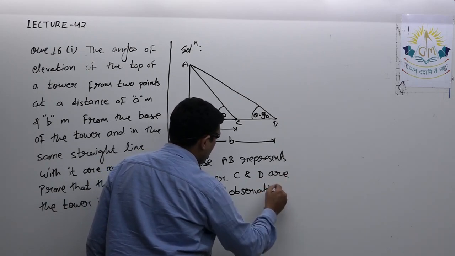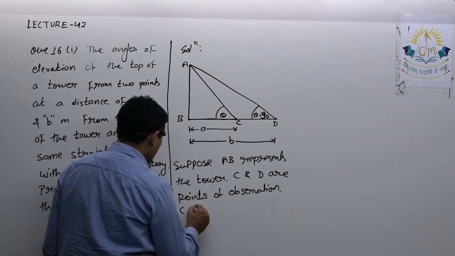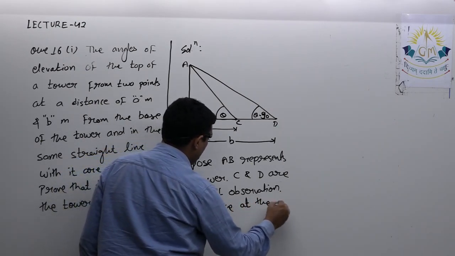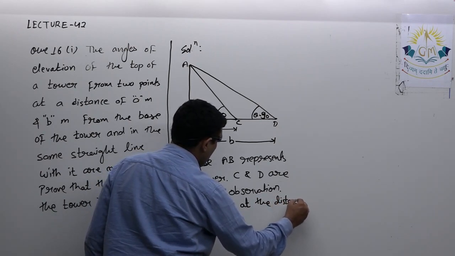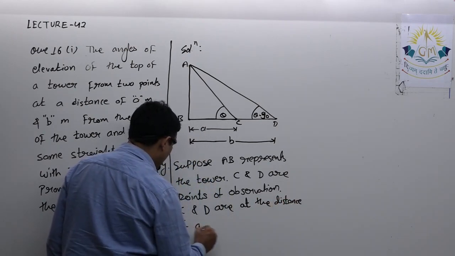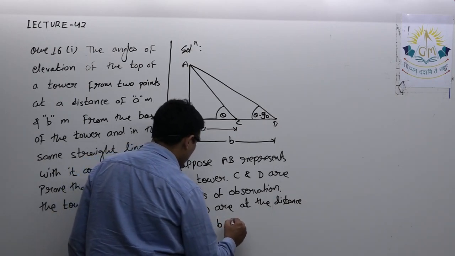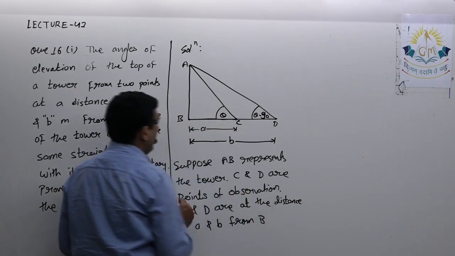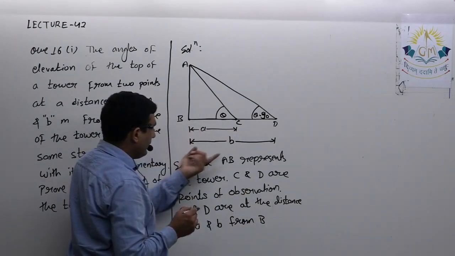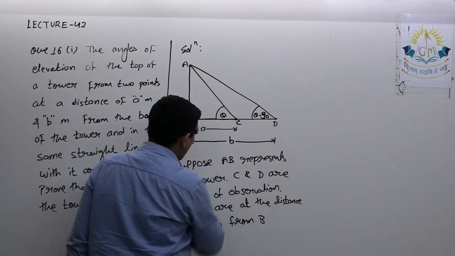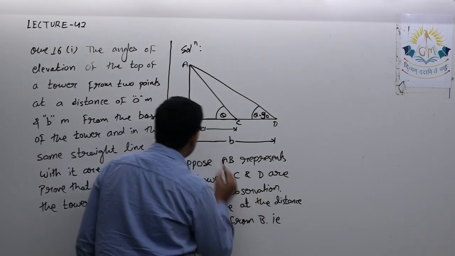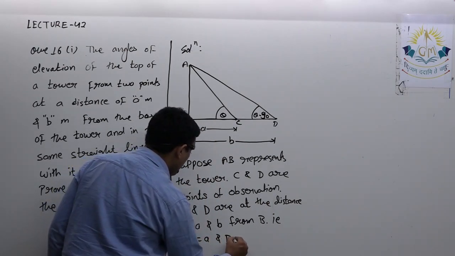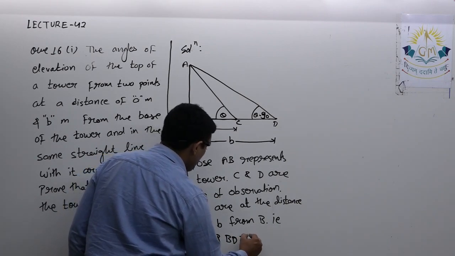C and D are at a distance of a and b from B. C is at a distance of a meters and D is at a distance of b meters from this point B. That is, I can write BC is equal to a, and BD is equal to b.